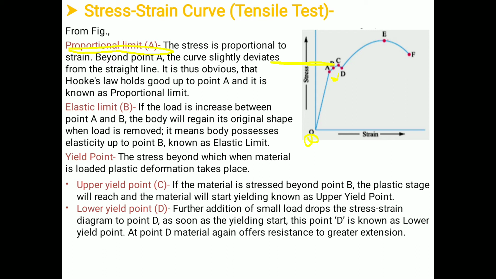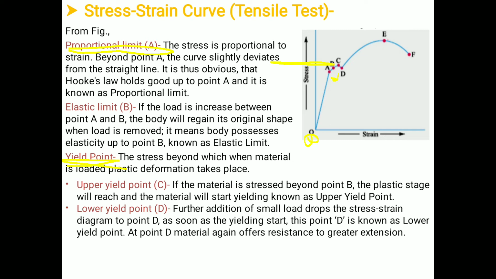We will discuss the yield point. The yield point is nothing but the stress beyond which, when the material is loaded, plastic deformation of that particular material takes place. As discussed earlier, plastic deformation is nothing but, on removal of the load, the material does not regain its original shape and size.